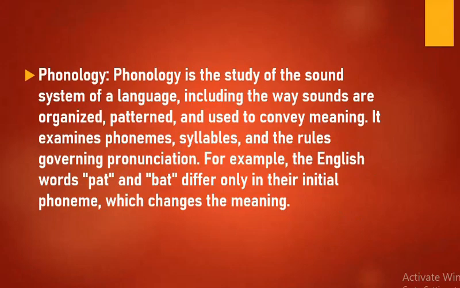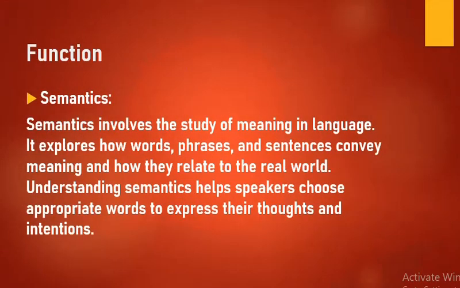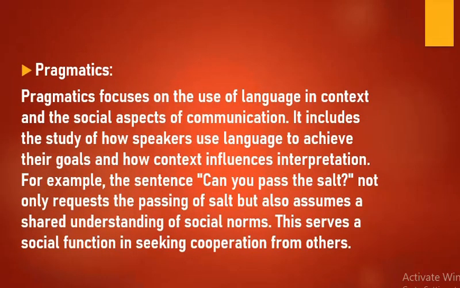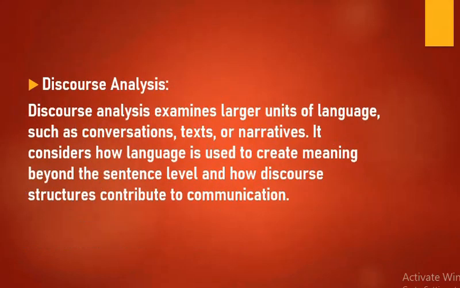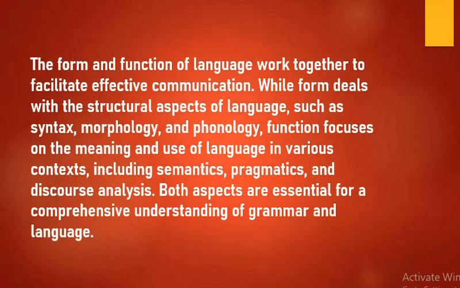Okay, so in function also we discussed three terms. The first one was semantics, that is the meaning of language and the meaning involved in certain words in language. And pragmatics, it deals with the use of language in context and social aspects. And discourse analysis, it examines larger units of language such as conversations, texts, or narratives. And as we know, form and function work together to facilitate effective communication.